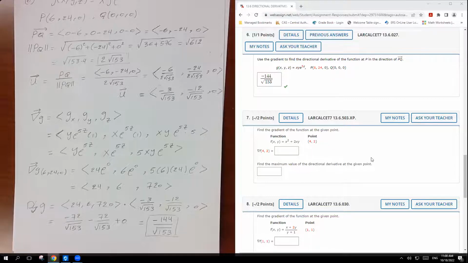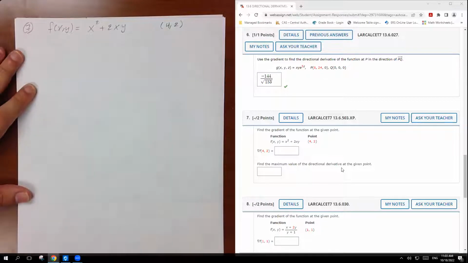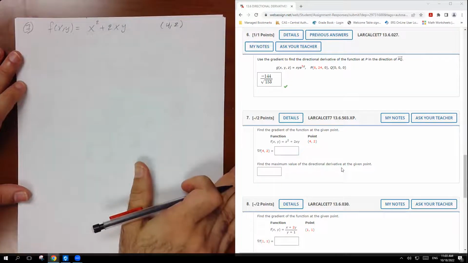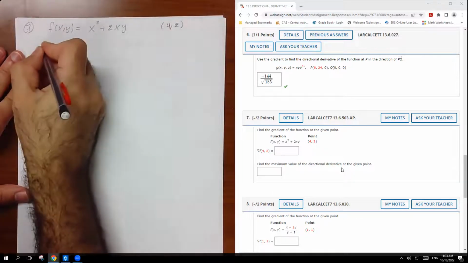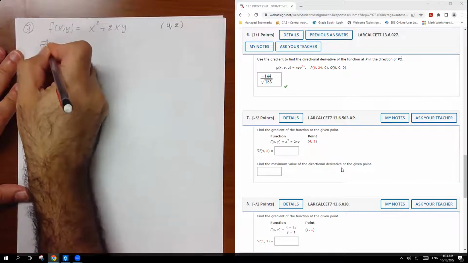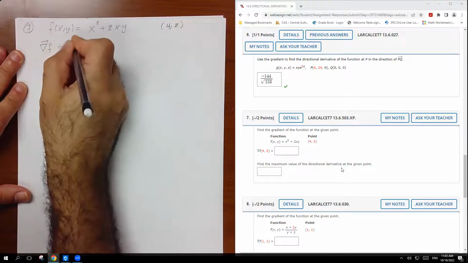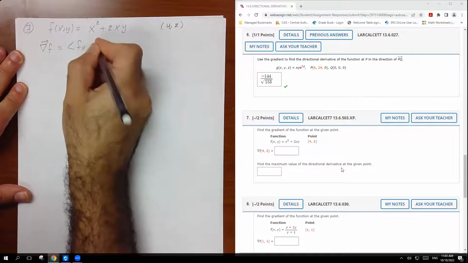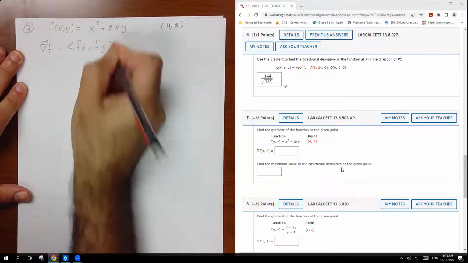Example 7, find the gradient of the function at the given point. Then they ask you to find the maximum value of the directional derivative. So the gradient of the function f is going to be equal to f sub x and f sub y.